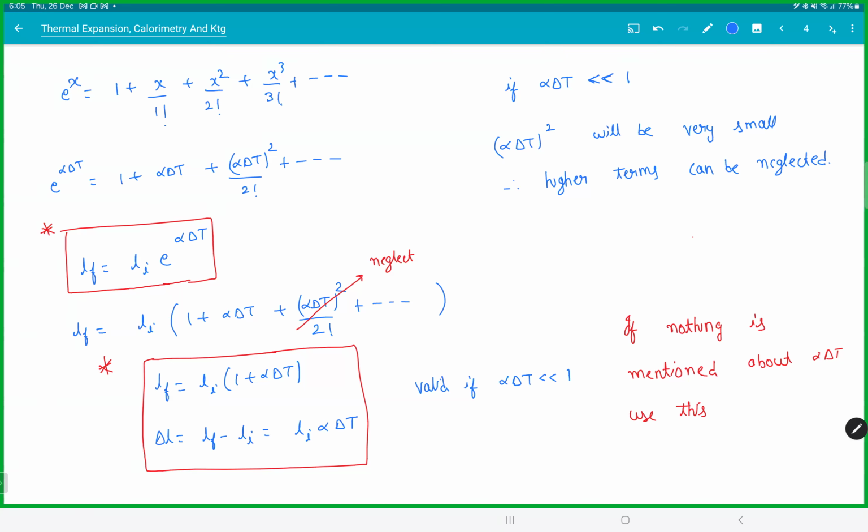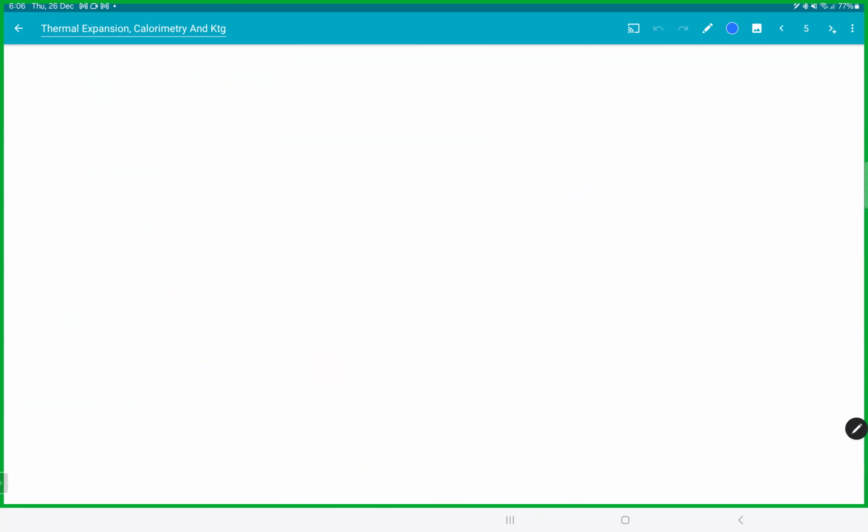Let's see some questions. Let's see the first question. We have a rod here placed on a smooth surface.